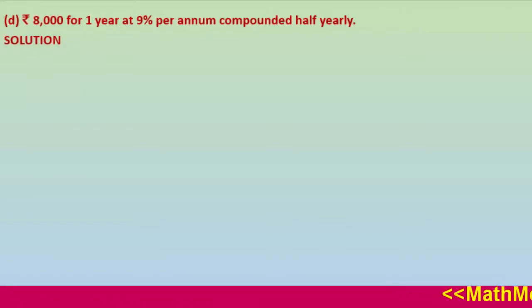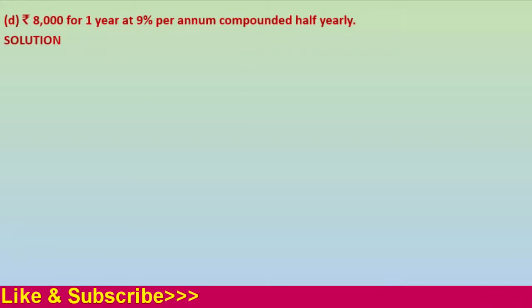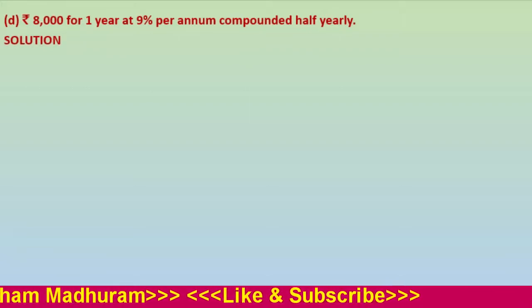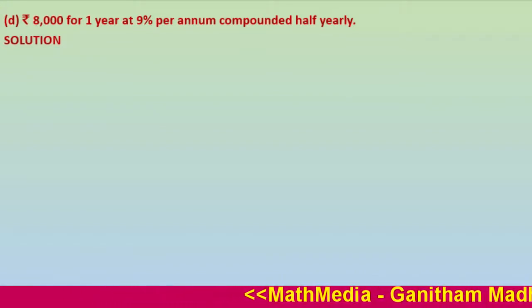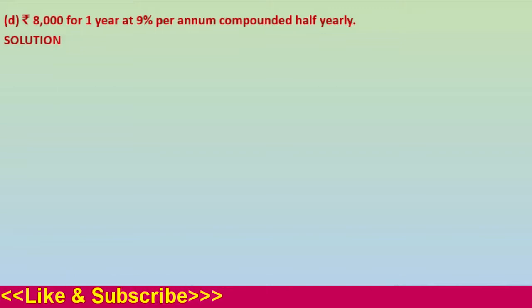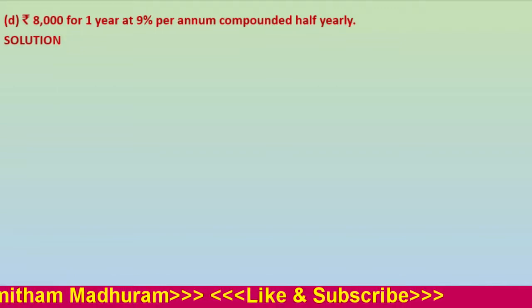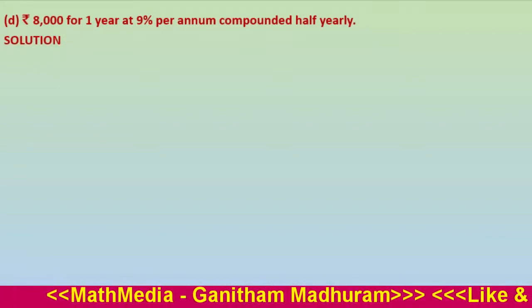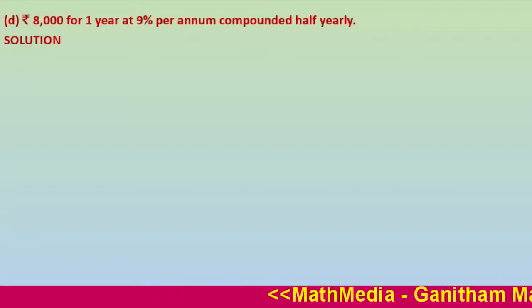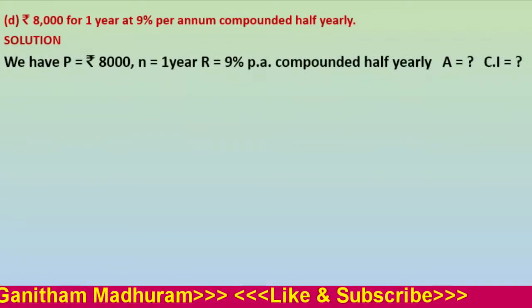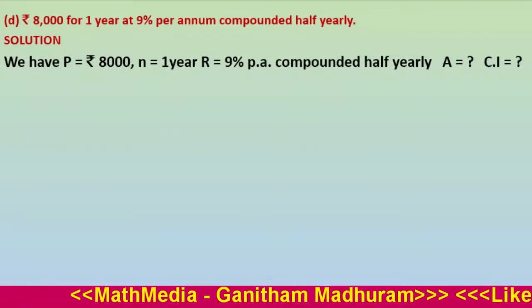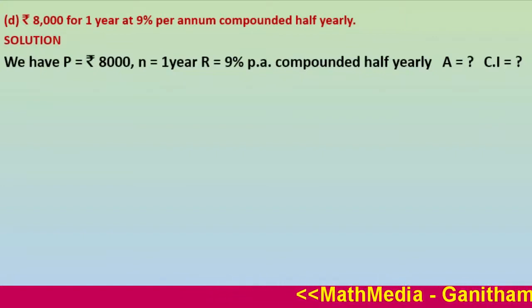Rupees 8,000 for 1 year means principal P equal to rupees 8,000. 1 year means N equal to time period N equal to 1 year. 9% per annum means rate of interest R equal to 9% per annum compounded half yearly. And we can find amount and compound interest. Put a question mark over there.